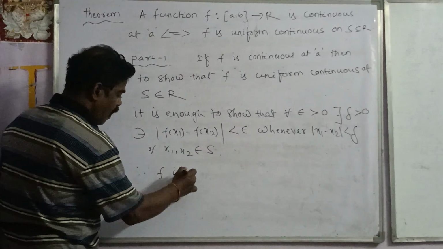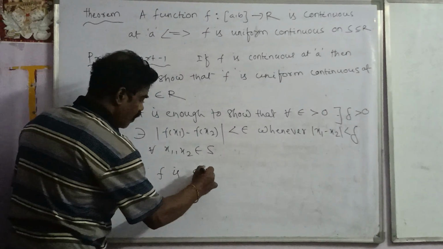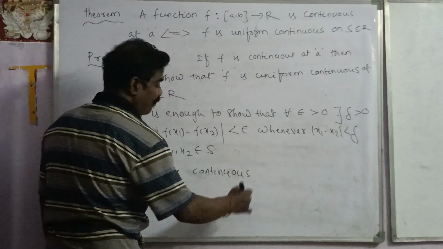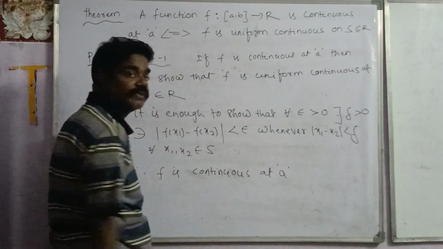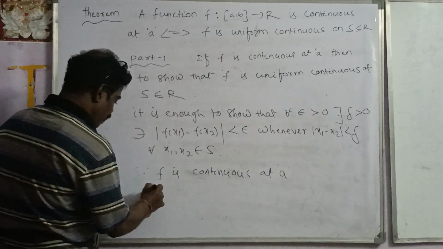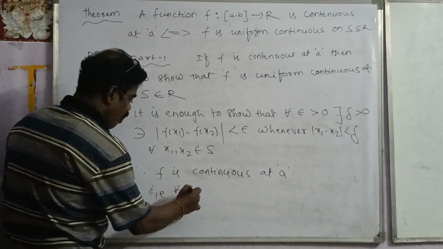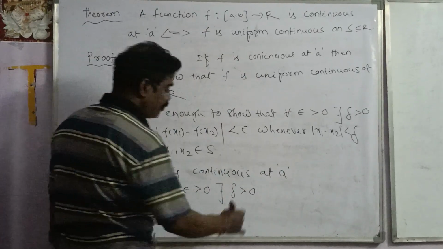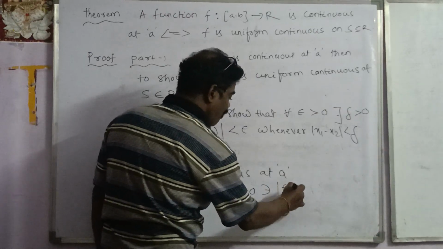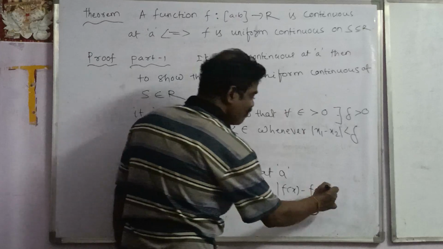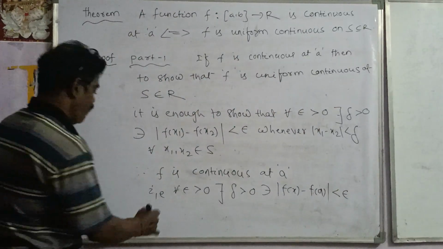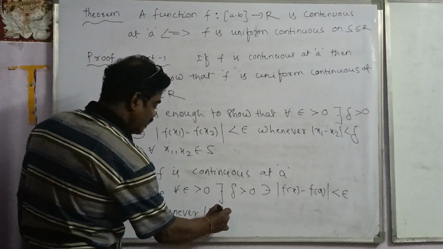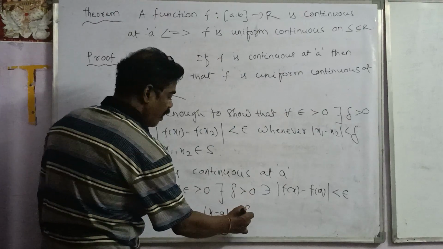Since f is continuous, given condition, f is continuous at a, that is for all epsilon greater than 0, there exists delta greater than 0 such that |f(x) - f(a)| < epsilon whenever |x - a| < delta.